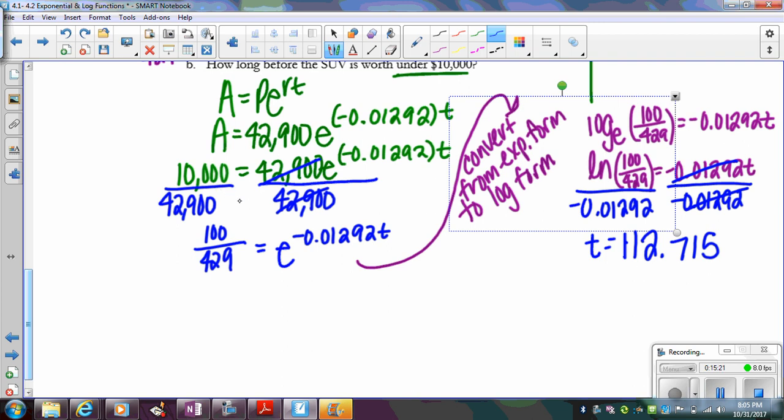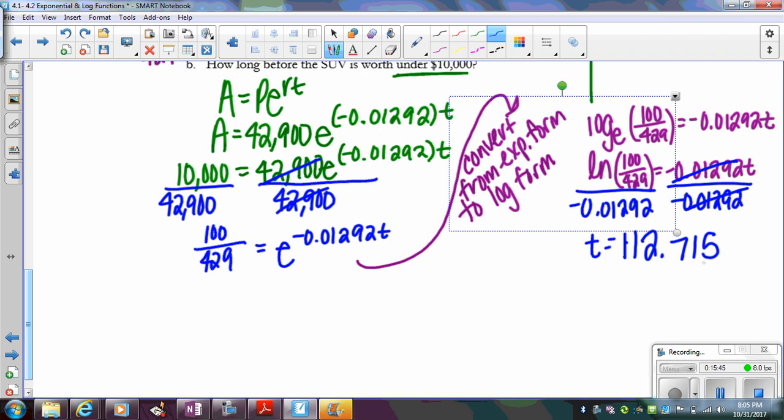So basically, if we just round that up to say 113 months, you can't round down, you can't say 112 months, because if you say 112, it won't quite have decreased down to 10,000. Since it takes 112.7 to get to 10,000, and it's decreasing, you're trying to figure out when it's less than that.